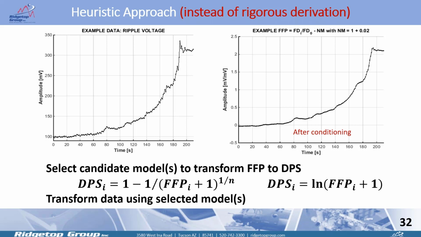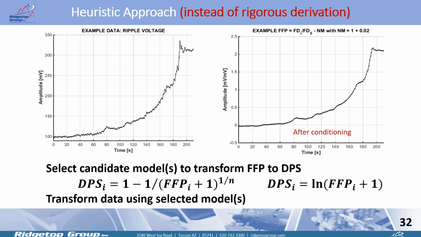Next. Okay, even so, what we've done by identifying the models that we have, instead of doing a rigorous derivation like we have done, is use the solutions we already have, okay? For example, if I were to look at a ripple voltage, it's got a curve that looks like that on the left-hand side. And after I condition it and convert it to a functional failure progression signature, I've got the same thing where I've got a ratio on the vertical axis, and the same looking curve.